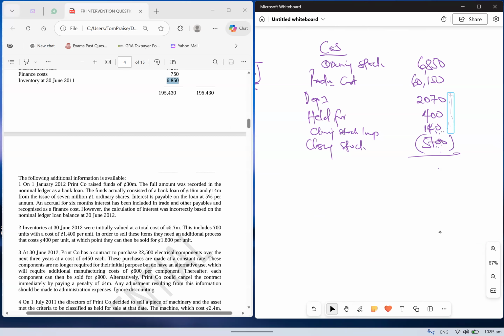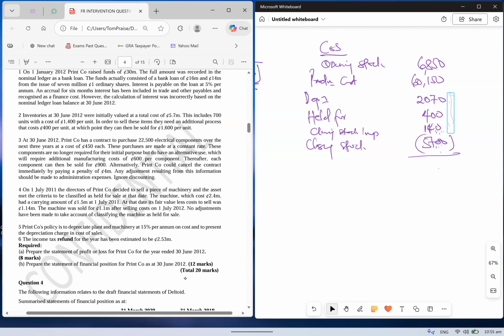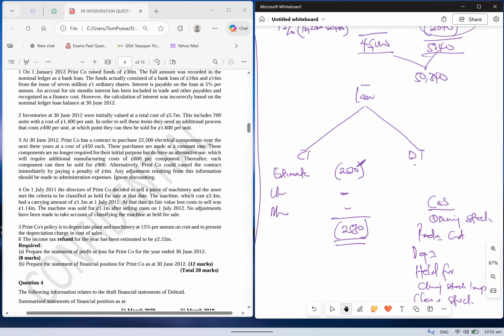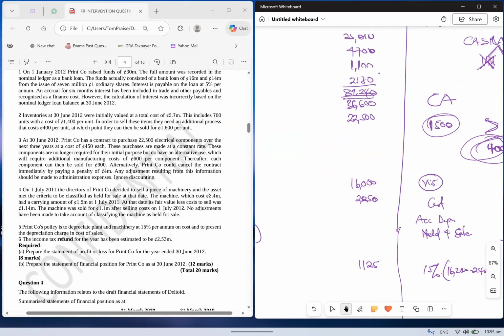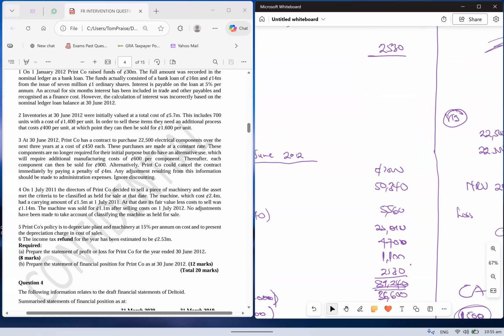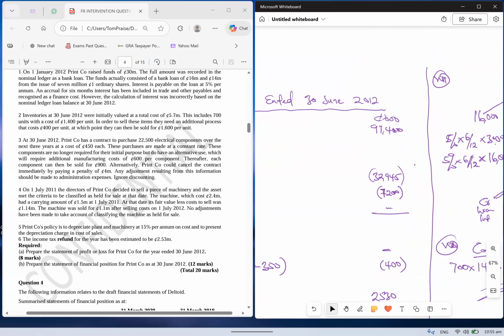That's all, so take note of that. So finish it. Let's just add the figures and go. 63910. So that's our cost of sales. Confirm. So now put it in here, 63910, and let's find all the missing figures.